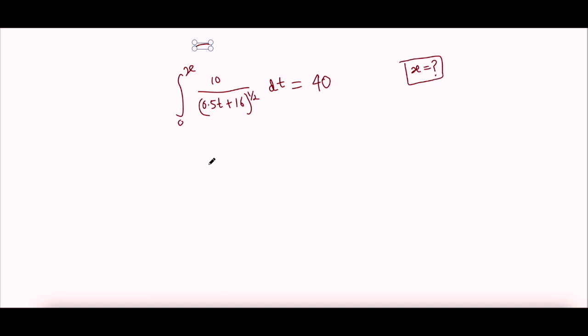I believe you can by this time solve this problem, but let me do it for you again. 10 is a constant, so you can put 10 out of the integration, from 0 to x, and this denominator we can write in the numerator: (0.5t plus 16) whole to the power minus half dt equal 40.